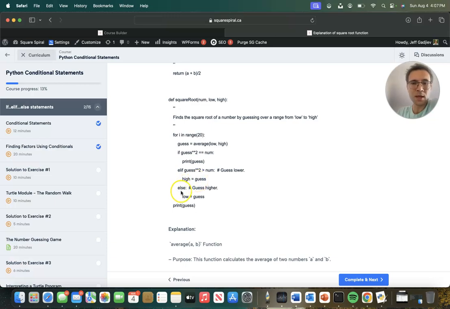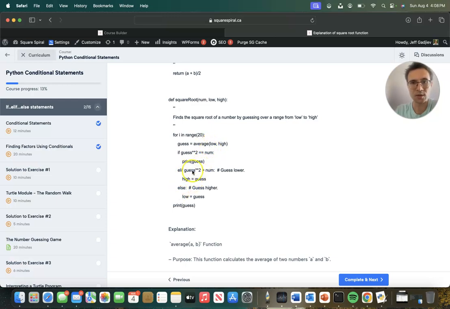Now, if that's not the case, if instead guess squared is actually less than the number, then the value contained in the guess variable is going to be assigned to the variable low. And then in that case, again, the loop will repeat.